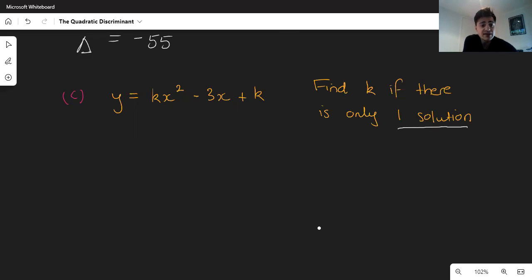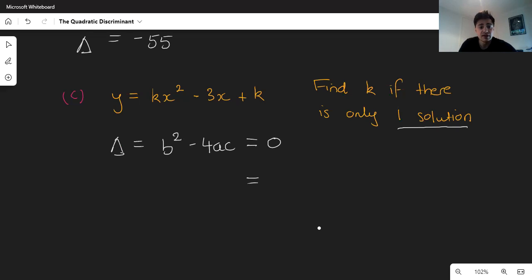So something we can say about this formula, about this equation, is that b squared minus 4ac has to be equal to 0. So we'll just treat it like any other quadratic equation, any other discriminant formula, and put the numbers in.